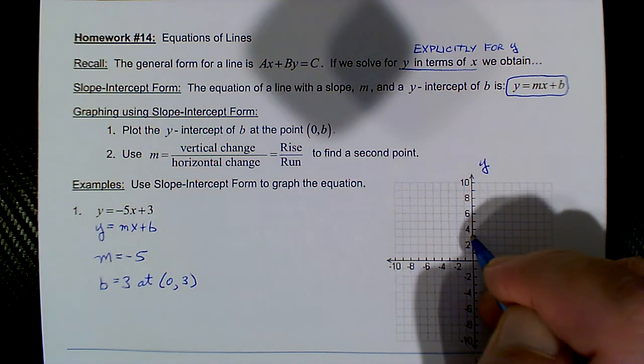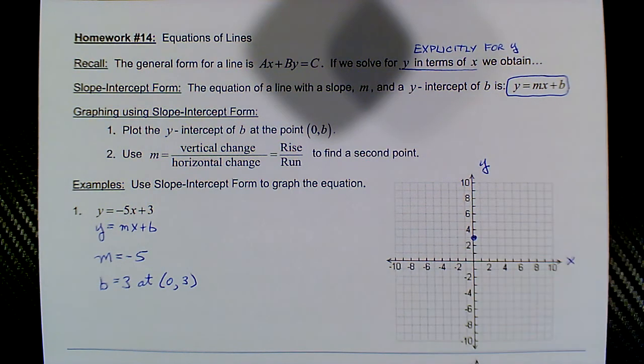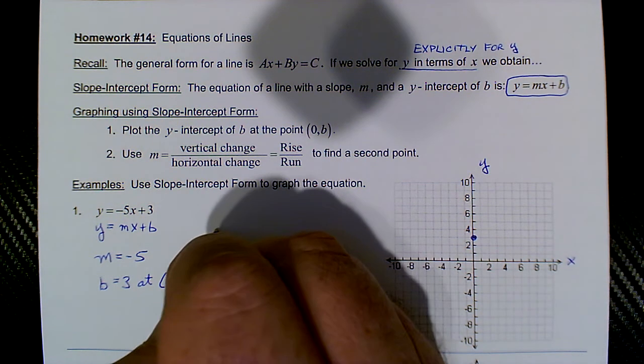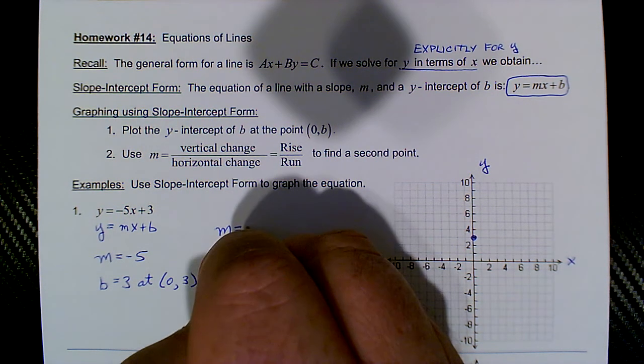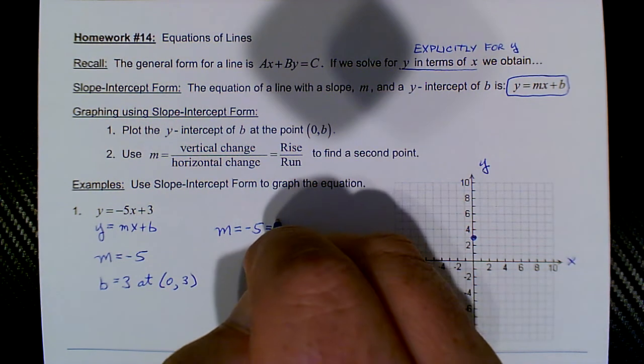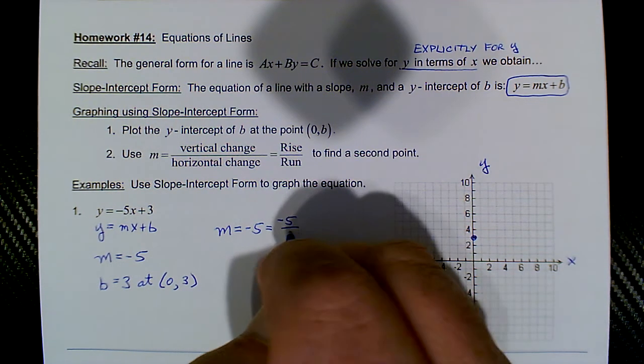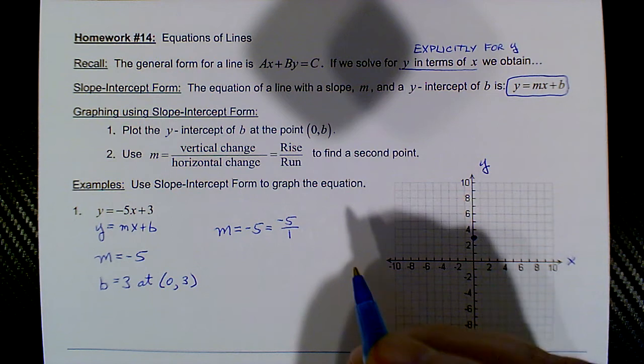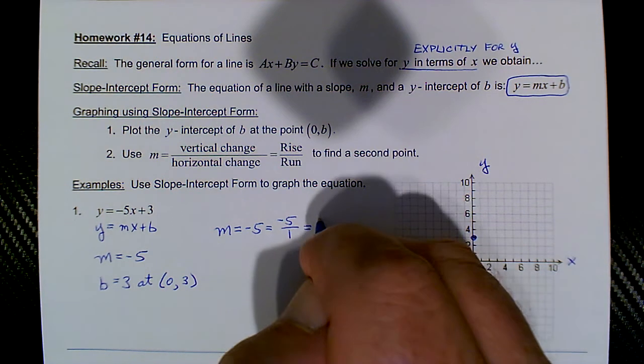There's our y-intercept of (0, 3), and then we use the concept of the slope. Now the slope is -5. What you want to do if it's an integer, like it is here, write it as a fraction, put it over 1. So -5 over 1, and then think of it as rise over run.